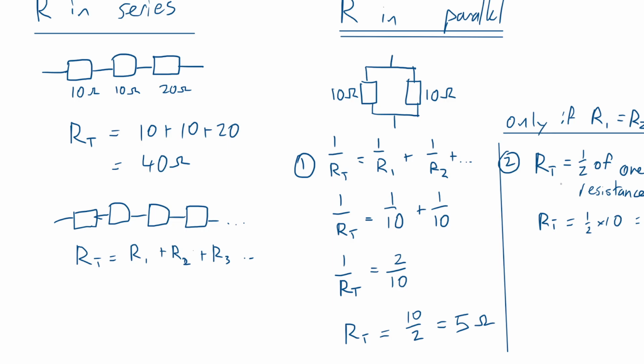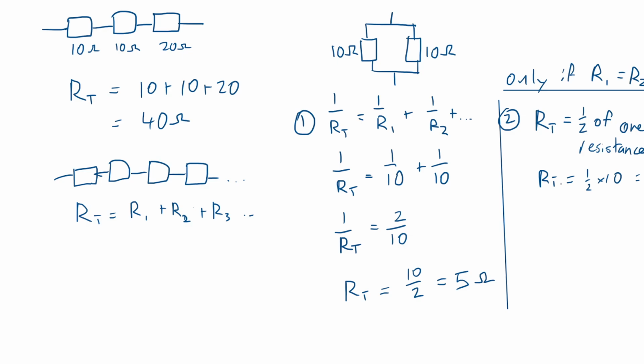And the final way, oh, do I confuse you? Yeah, I'll confuse you. I mean, help you. The final way is just like 1, but instead it's already rearranged for you. So the total resistance is equal to the product R1 times R2 divided by the sum R1 plus R2.